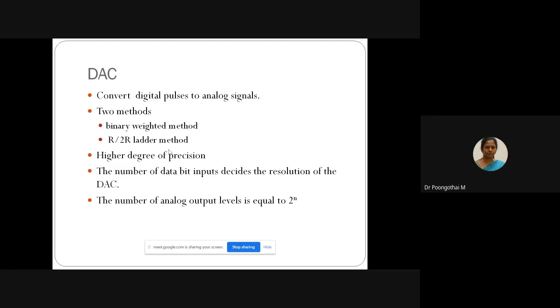So there are two methods of converting digital signals to analog. One is the binary weighted method, the other one is the R-2R ladder method. In our experiment, we are going to use the MC1408 IC, that is DAC0808.